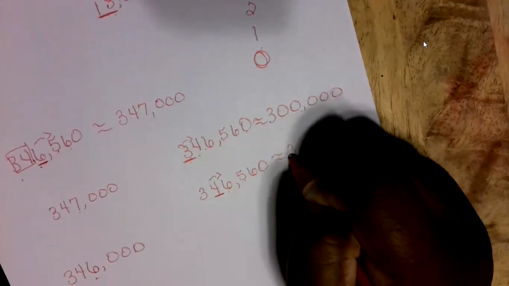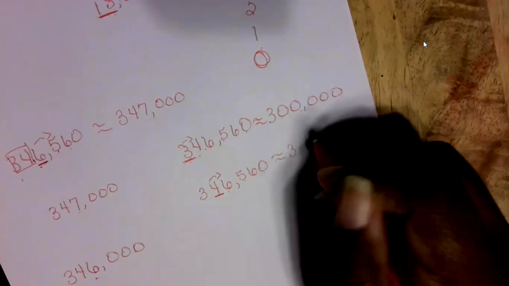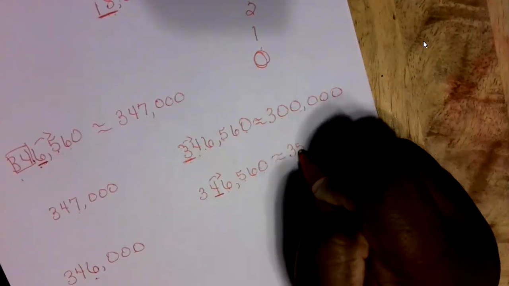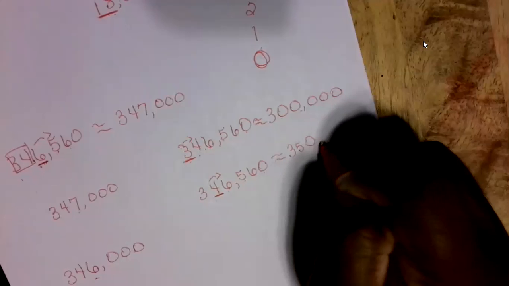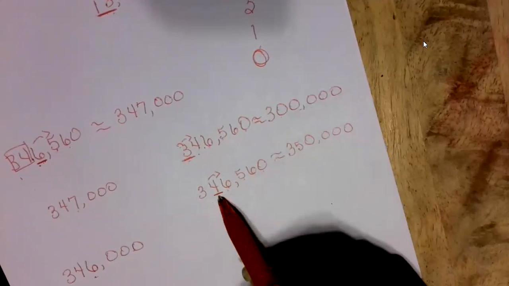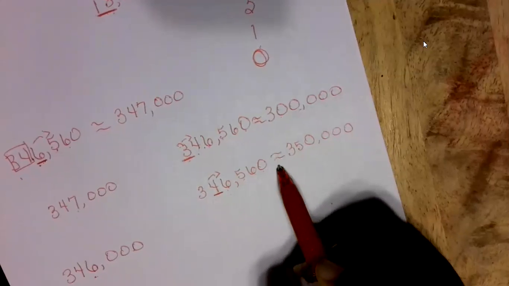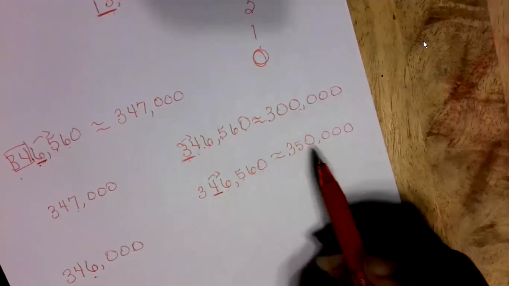So that 3 will stay the same. And then that 4 we just said is going to go up 1. And then the numbers behind it will become zeros. So we're saying that 346,560 is about 350,000.